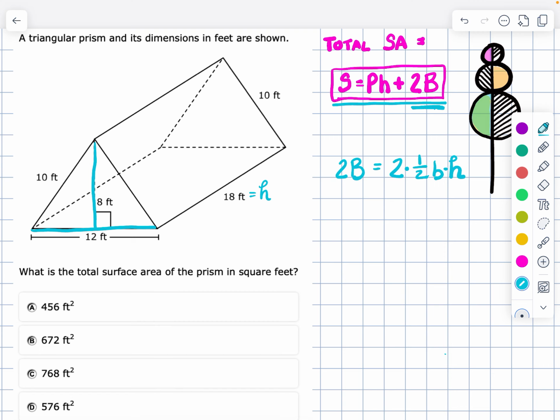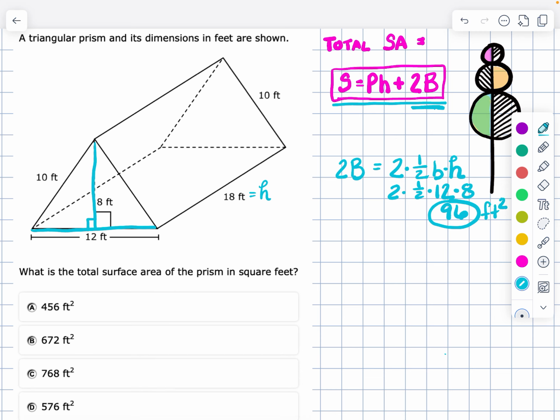Now we can go ahead and figure this out. 2 times 1/2 times the base of the triangle, which is 12. We know it's the base because it shows us where the height is. It's perpendicular to the height. And the height is 8. So 12 times 8 is 96. And then 2 times 1/2, 2 halves, is just 1 whole.